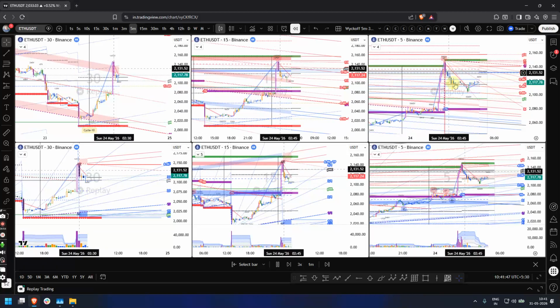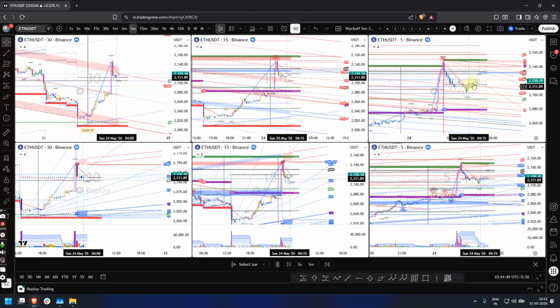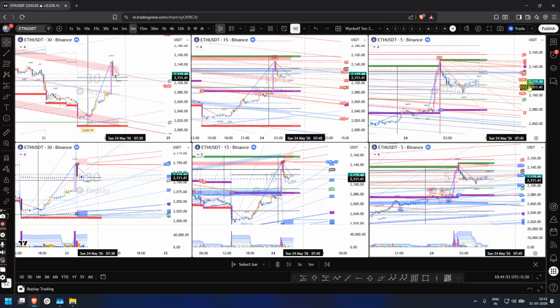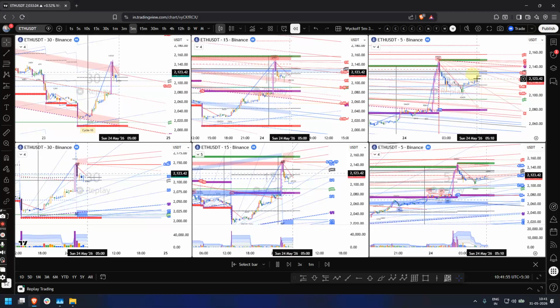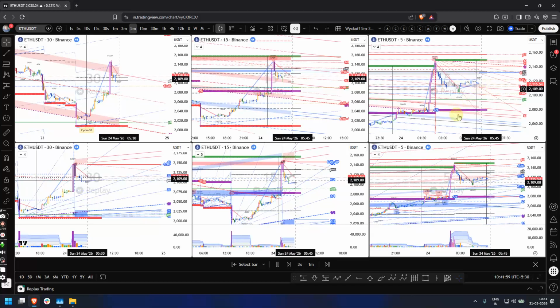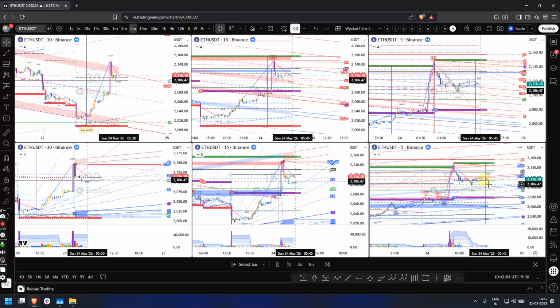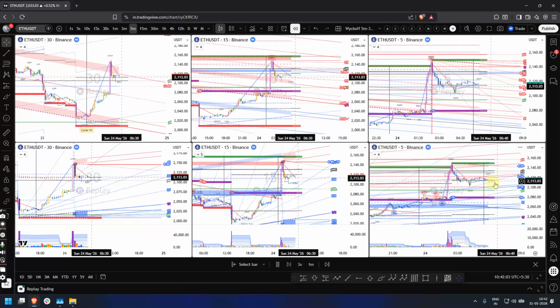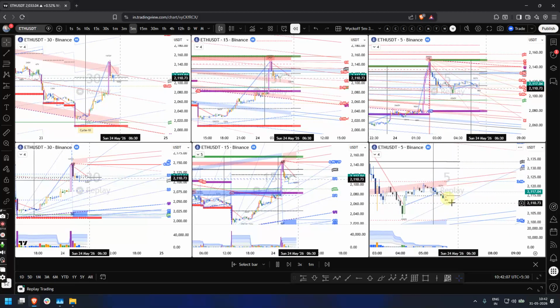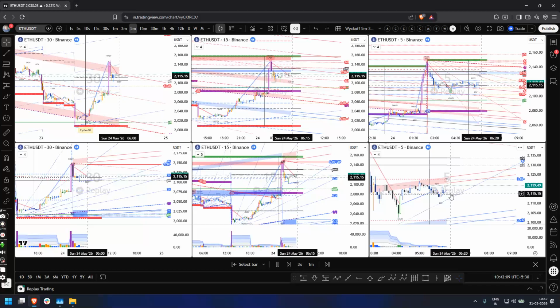So you see, resistance overcame, market went up again, it's gonna come down. Once it overcomes resistance, it's gonna find support here. So as soon as this support gets hit, there is a chance for the market to go up.